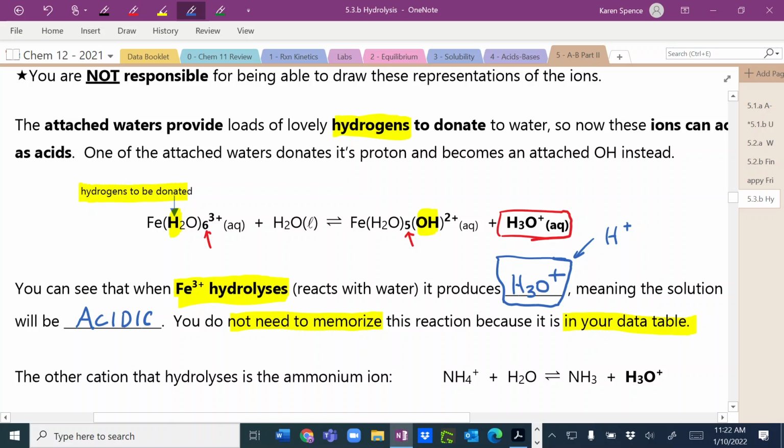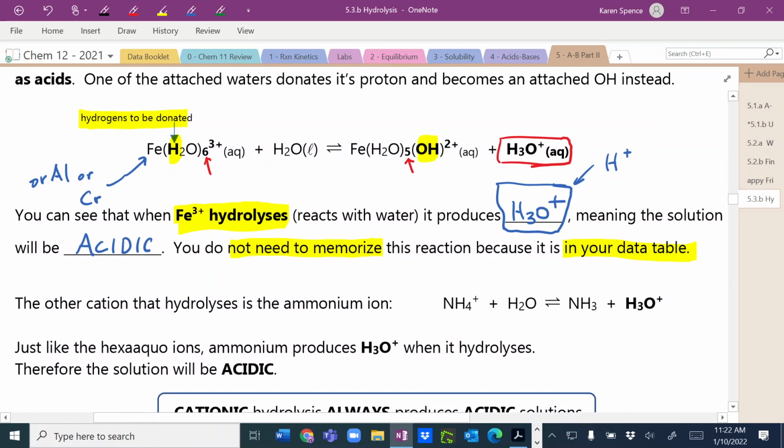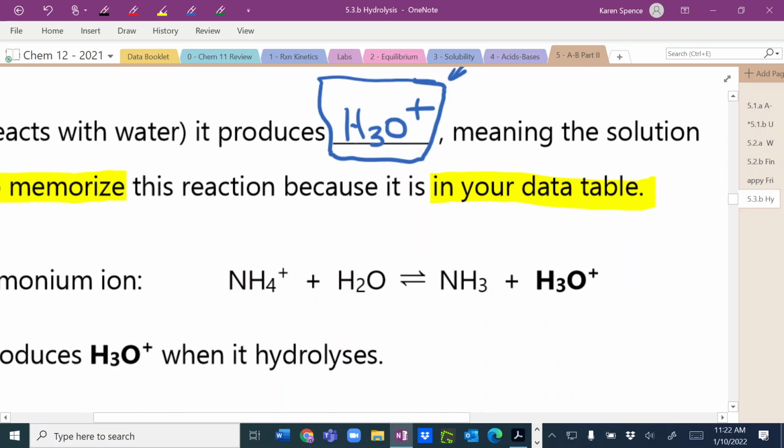So I could write out all of them, the aluminum and the chromium, but this could be iron or aluminum or chromium. It's the same reaction for all of them, and you can look them all up on your data table. Then our only other one that we're left with is ammonium.